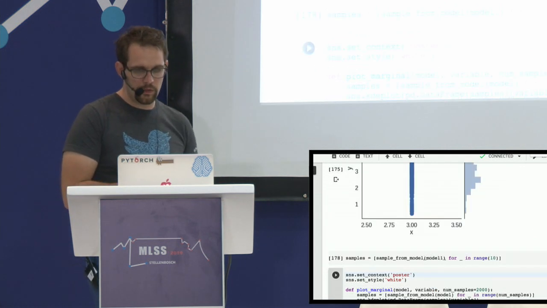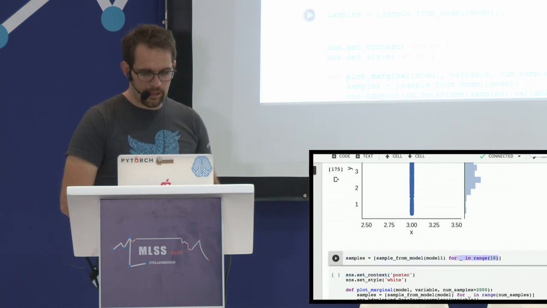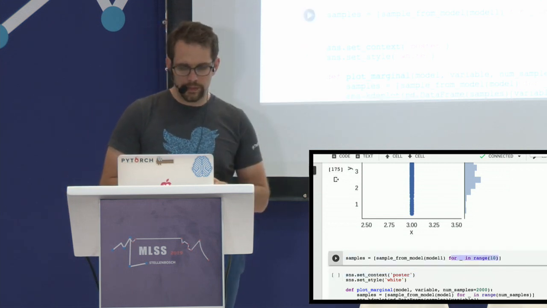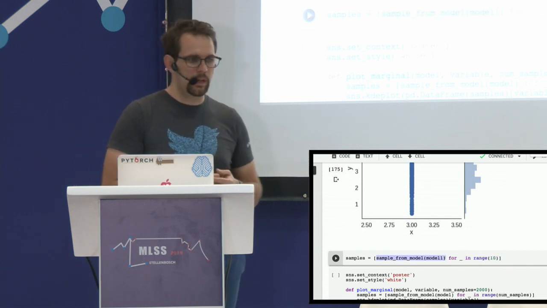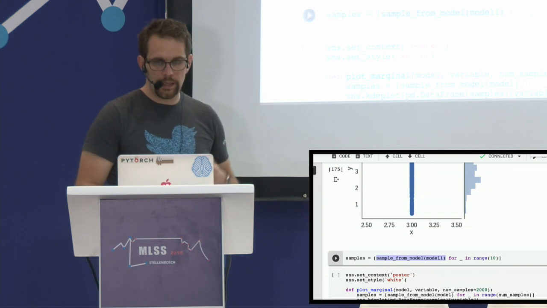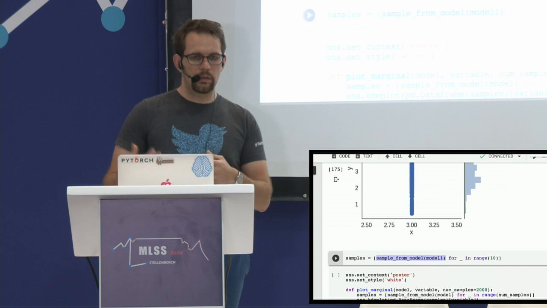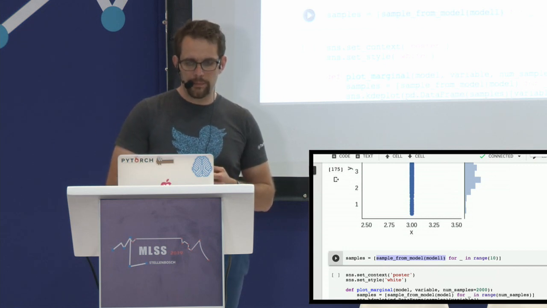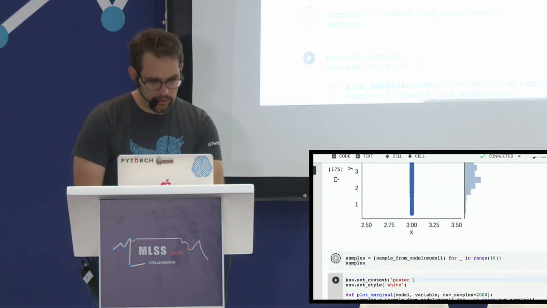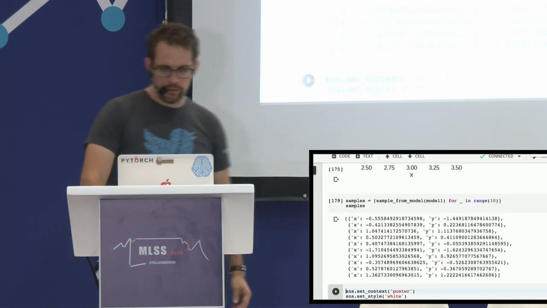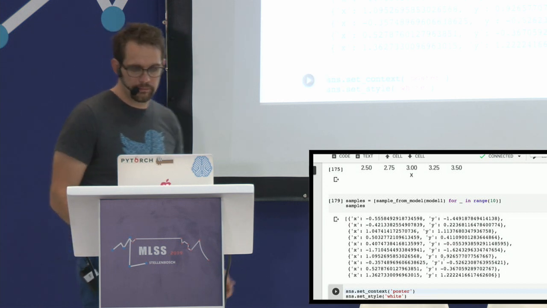If I do this, it's basically just going to iterate 10 times. This is a weird Python thing to do. But then it's going to call this function 10 times. And because we are not giving this function any epsilons, every time you call it, it creates new epsilons. It calls the randn function and creates its own epsilon, so you get random samples. So if I show you what this is, it's a bunch of these dictionaries. And notice that the values of x and y differ here.